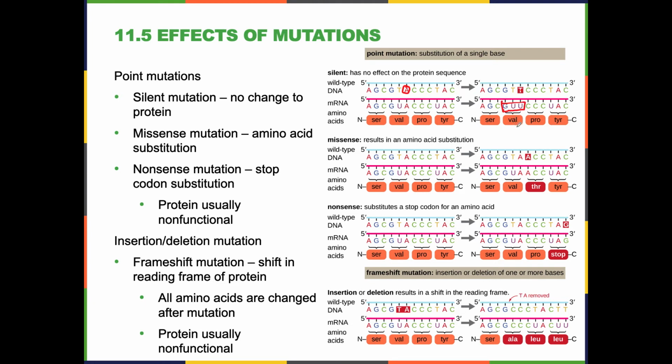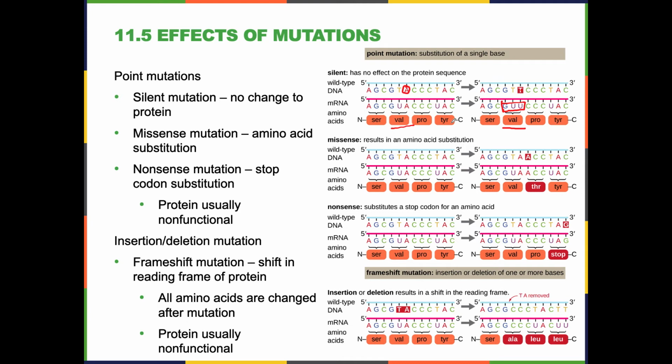However, luckily, when we look at the codon table, the amino acid coded by GUA is valine, and the amino acid coded by GUU is also valine. That's the degeneracy of the genetic code. We can make these small mistakes and it's not a big deal. No harm, no foul.